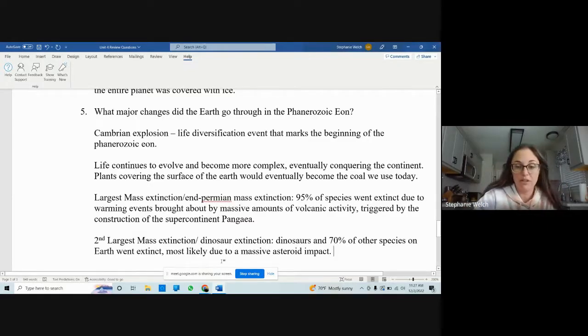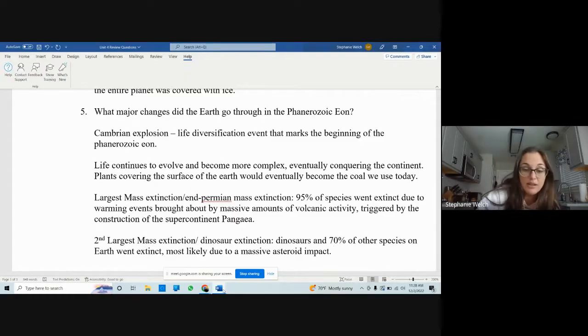So all of this would have caused a drop in temperatures, so much so that the dinosaurs really couldn't evolve fast enough to keep up with that drop in temperatures. And so I won't say that all dinosaurs went extinct during this time. I think about it more like most dinosaurs went extinct during this time, because you can really think of all modern birds as being the evolutionary descendants of dinosaurs.